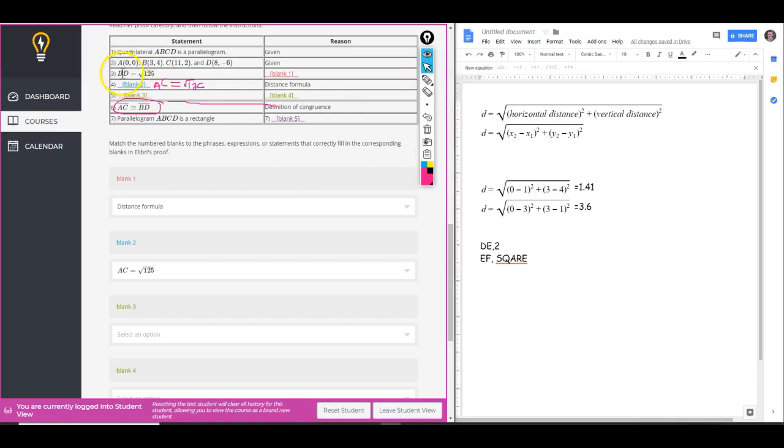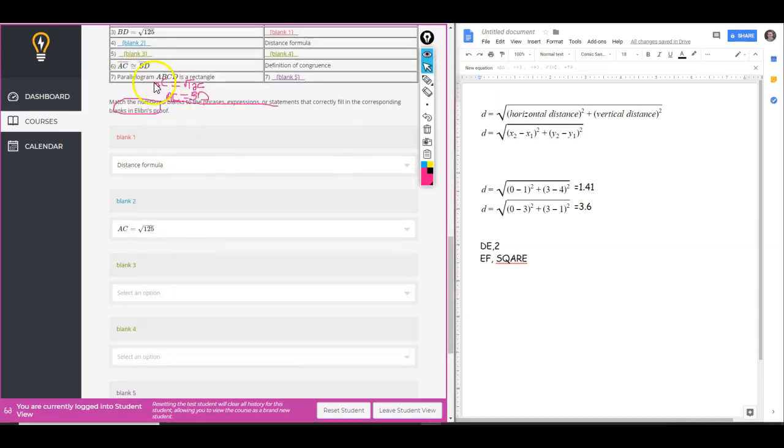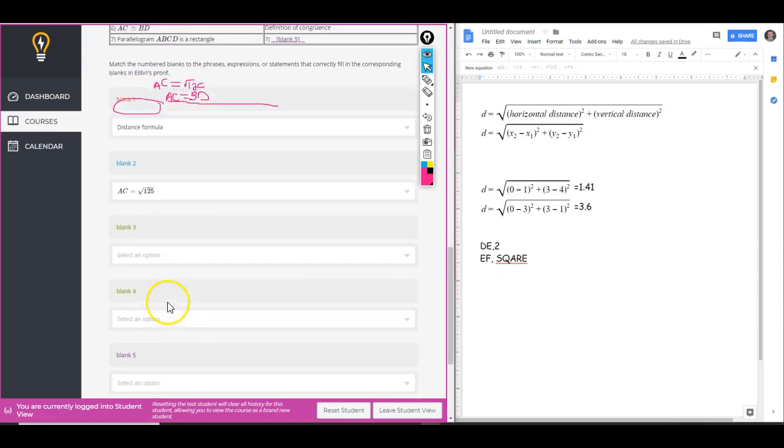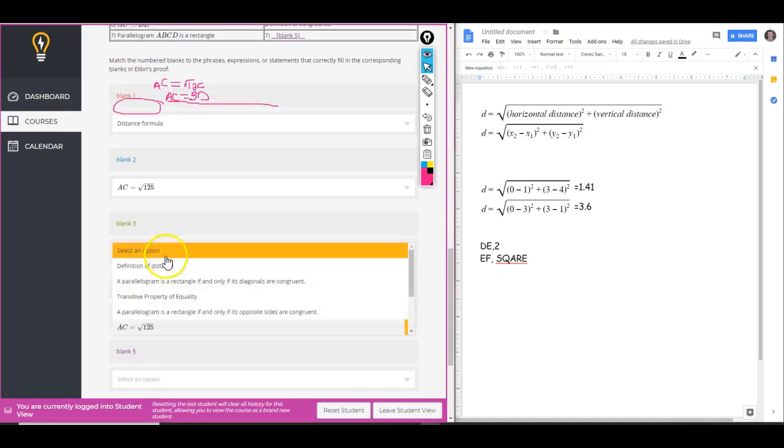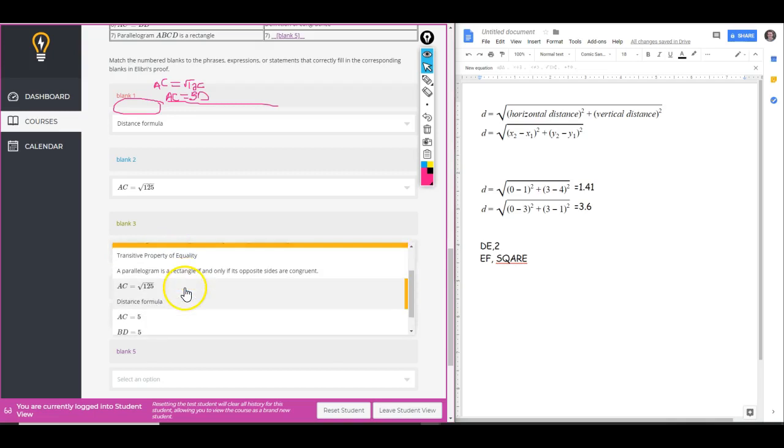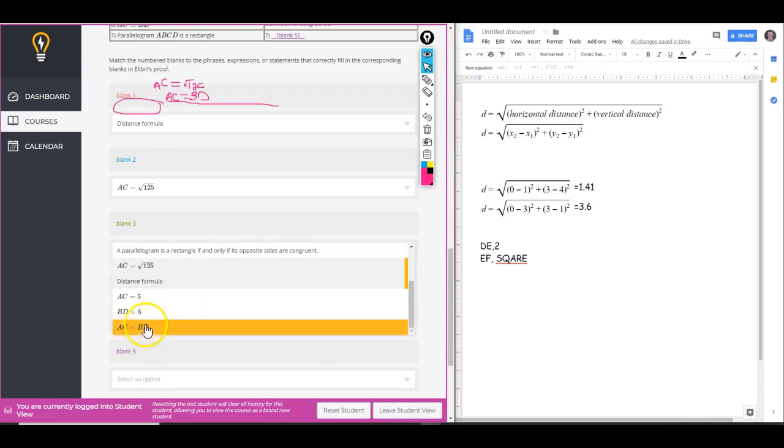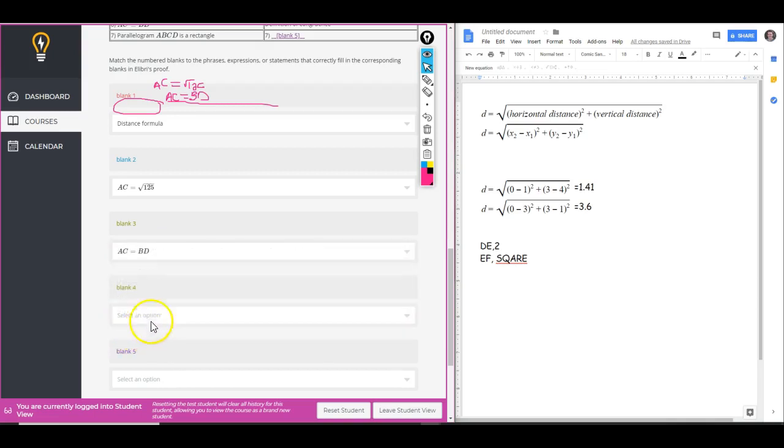We would have to have in some form that the distance of AC has to equal the distance of BD, which it is because they're both equal to the square root of 125. So statement 3, I'm looking for something that has the distance of AC is equal to the distance of BD.